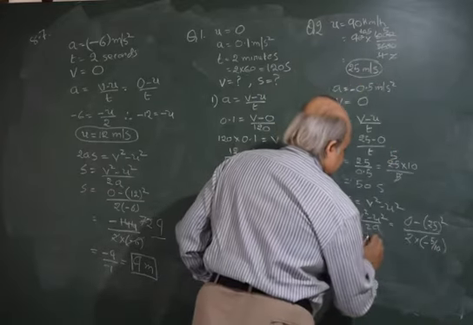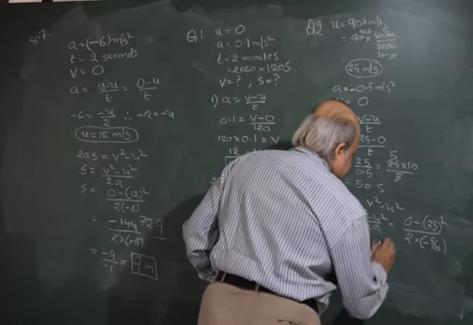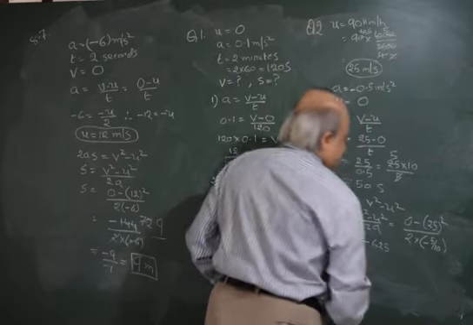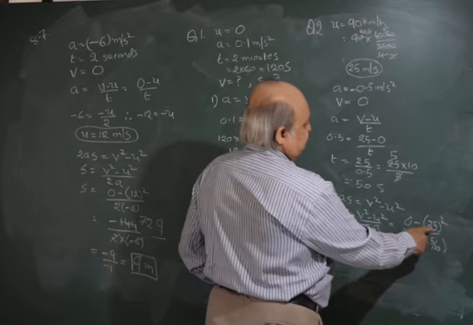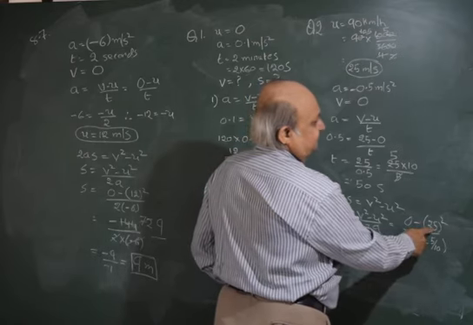So what we get is minus 625. Remember, square of any number is not negative.